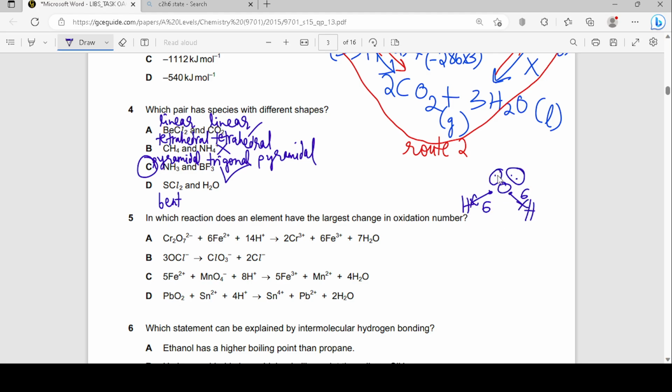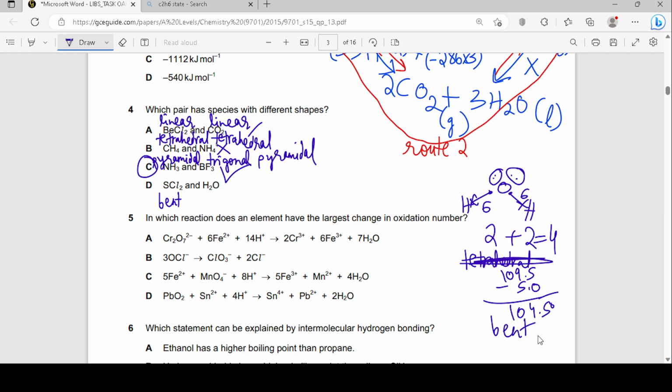So that means that you have two sigma bonds and two lone pairs, which means total steric number is 4, which means, again, you'd predict it to be tetrahedral initially, 109.5 degree bond angle, but because of the two lone pairs, the bond angle decreases by 5 degrees, so it becomes 104.5 degrees, which means that it's actually a bent shape, or you could also call it non-linear or V-shaped, right? So again, I'm going to say it's bent, and that means these two are the same geometry.